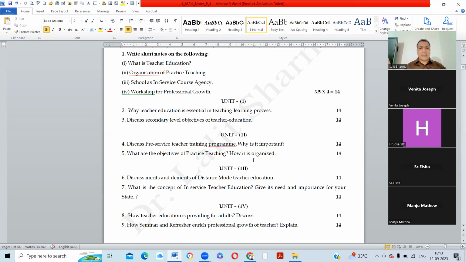So it is very easy, guys. I have already told you, four or five topics are important. One is teacher education: do teacher education completely, its concept, need and importance. Then in-service teacher education and pre-service teacher education.